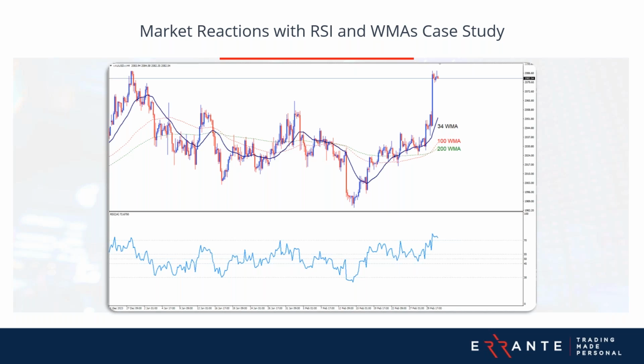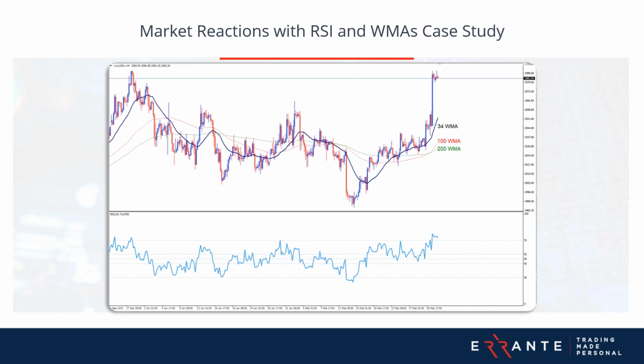Notice how the 34 WMA depicted by the blue line here serves as a close follower of the price action, offering immediate insight into current trends. The 100 WMA in red and the 200 WMA in green offer deeper layers of trend analysis, reflecting medium and long-term market sentiment.